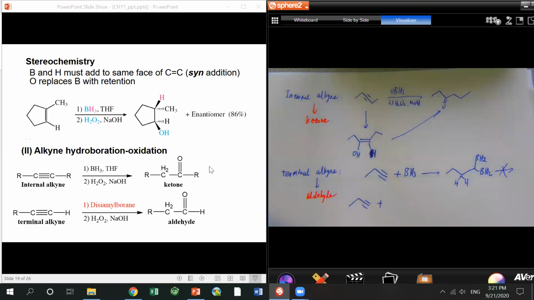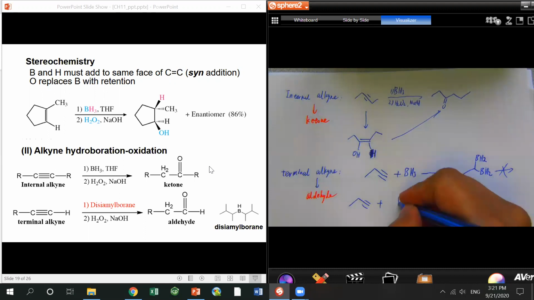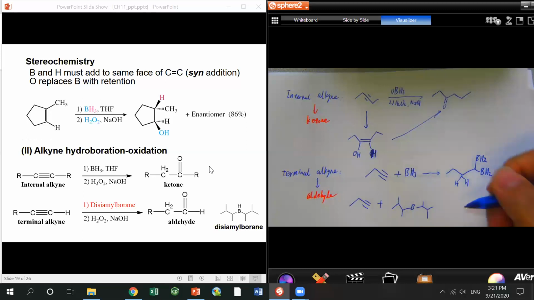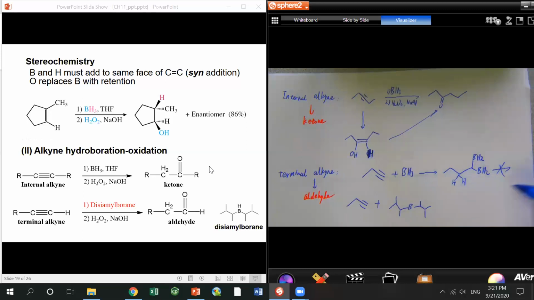You can see here the two 1,2-dimethylpropyl groups, and then the only one hydrogen bound to this boron. So you see it's a very bulky structure.